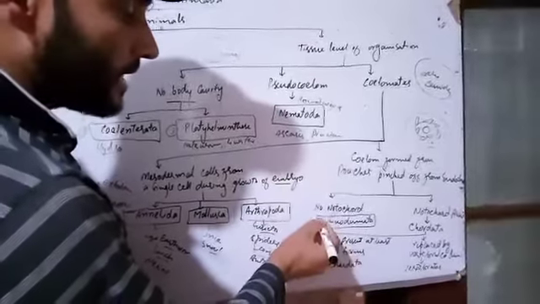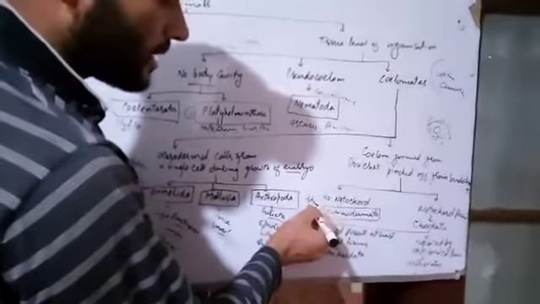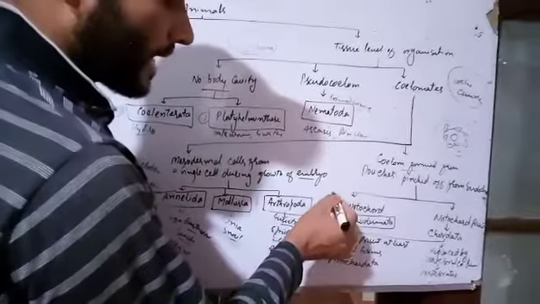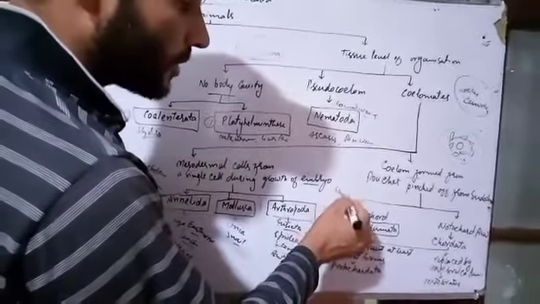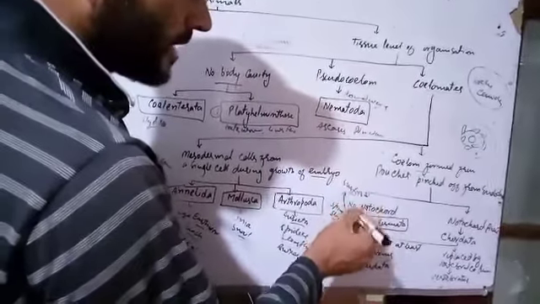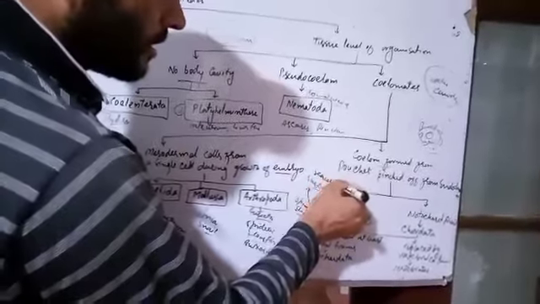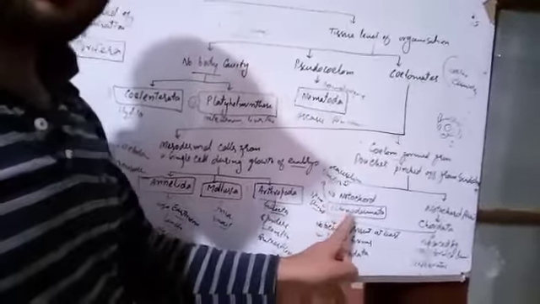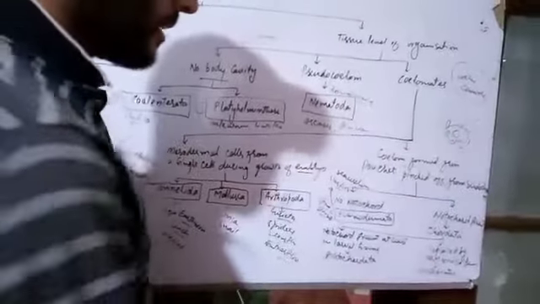Echinodermata means spiny-skinned animals. Examples include starfish and sea urchin. These are all included in the phylum Echinodermata, which includes the spiny-skinned animals.